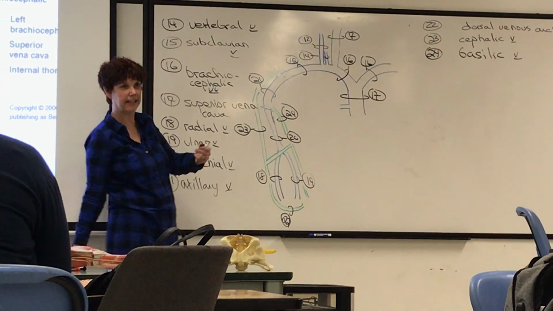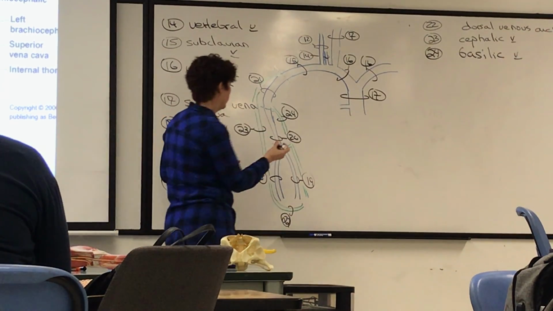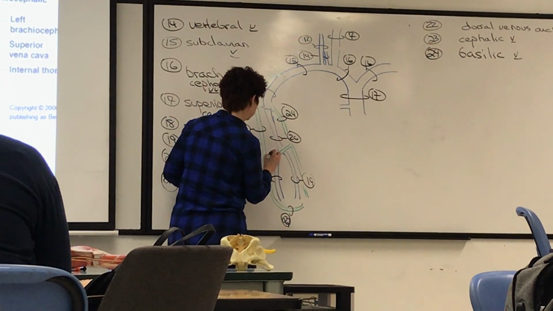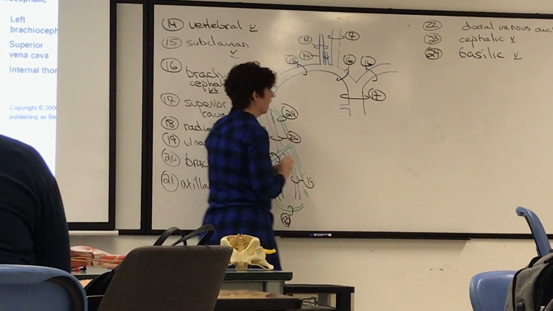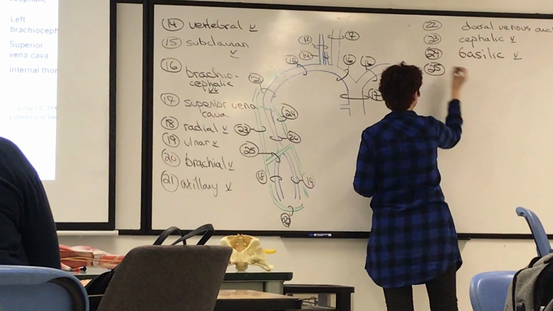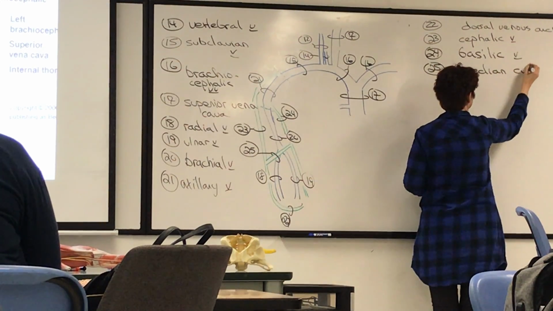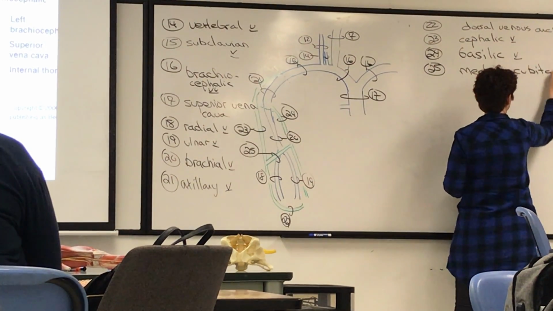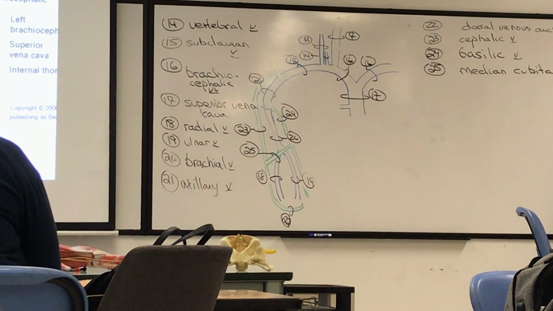Cubital is our cubital fossa, like popliteal, but it's the space in front of the elbow, not behind the knee. So 25. Median means the midline. 25 will be median cubital vein. Okay? That's the crossbar of the H.